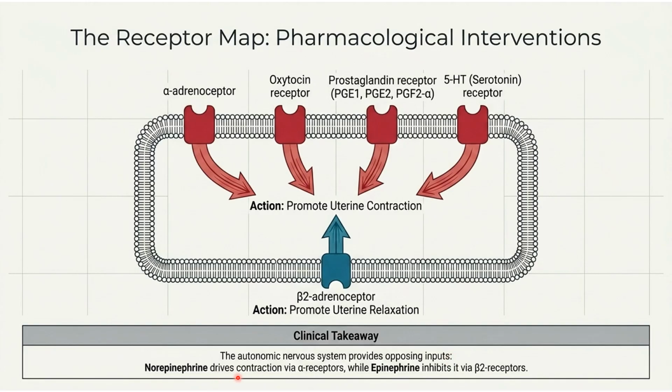Noradrenaline drives contraction, as we said, through alpha receptors, while adrenaline acts through beta 2 receptors. Adrenaline circulates in the blood after being secreted from the adrenal medulla, and binding to beta 2 receptors will lead to relaxation of the smooth muscles and therefore prevention of preterm labor.